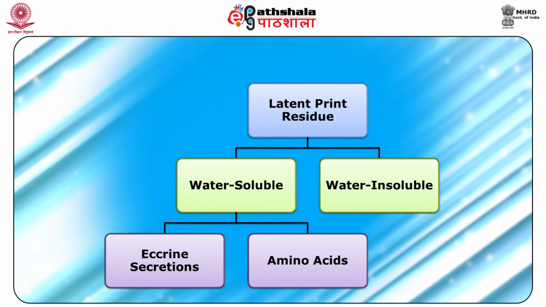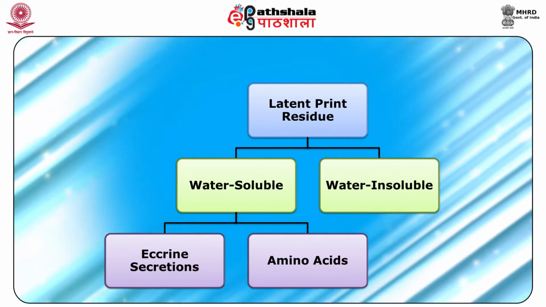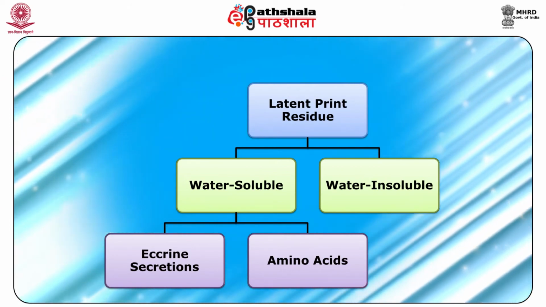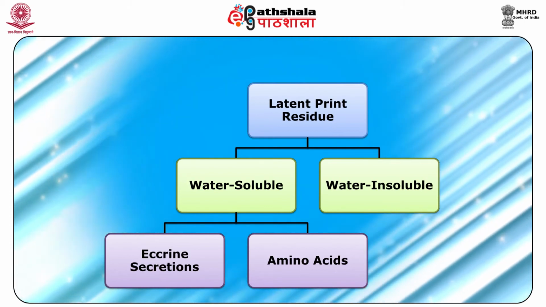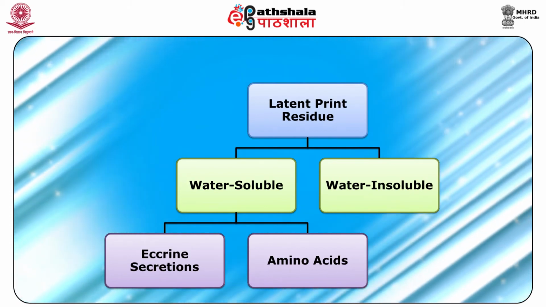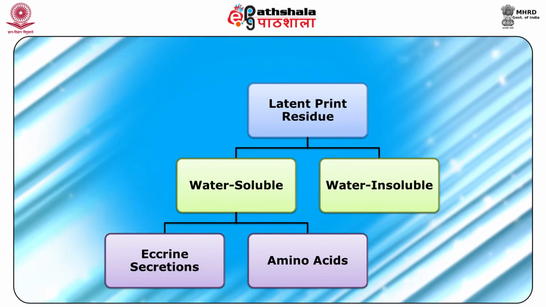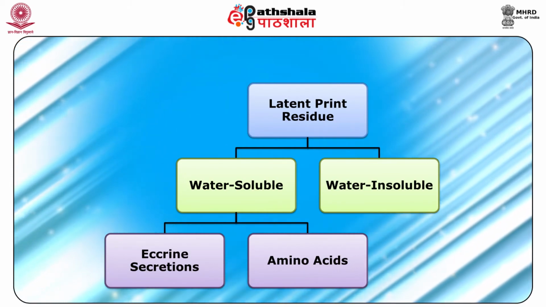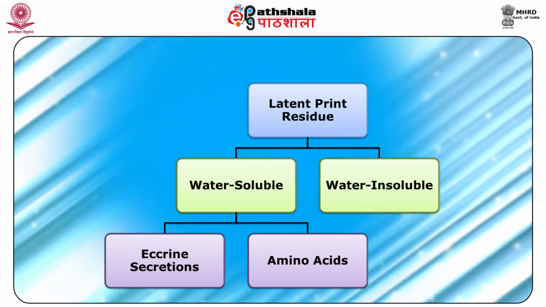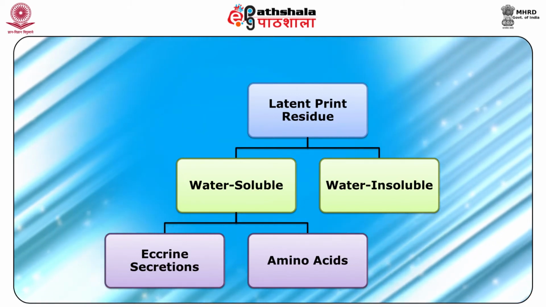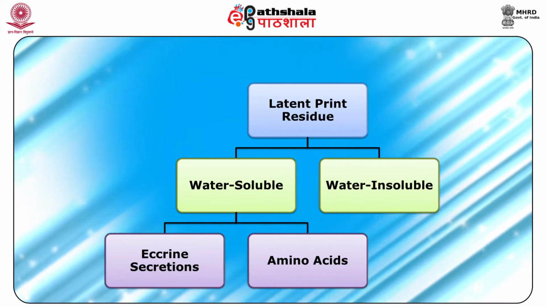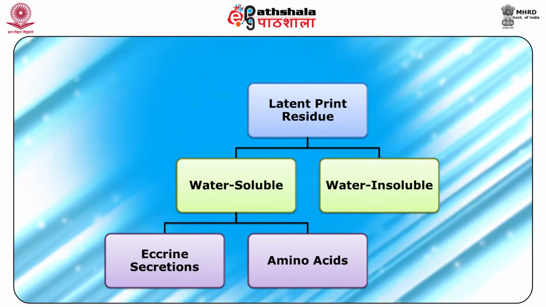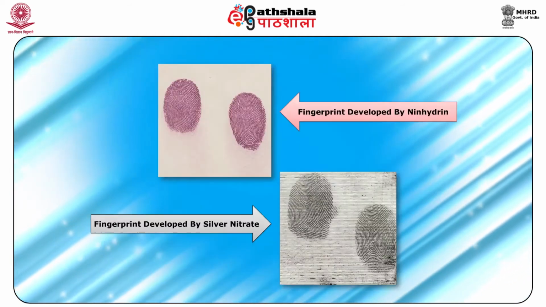Latent print residue is generally divided into two basic categories, that is, water soluble and water insoluble. The water soluble portion of the print deposit is typically composed of eccrine secretions like salt, for example NaCl, and amino acids, for example serine and glycine.